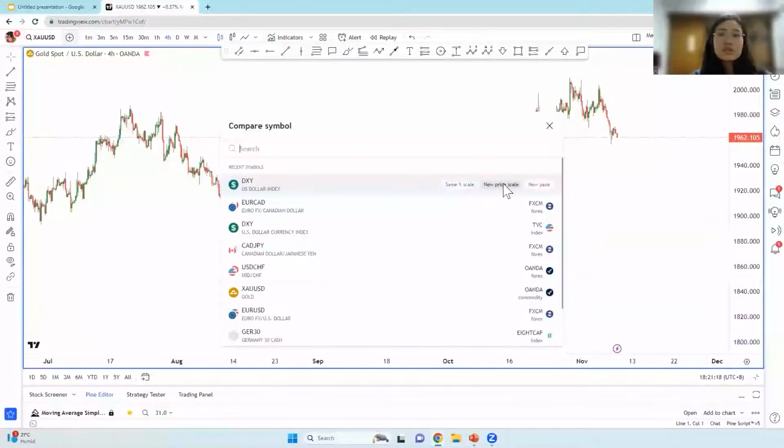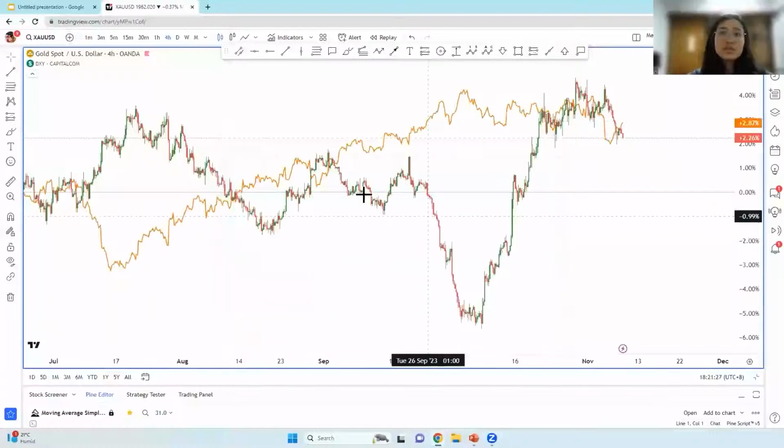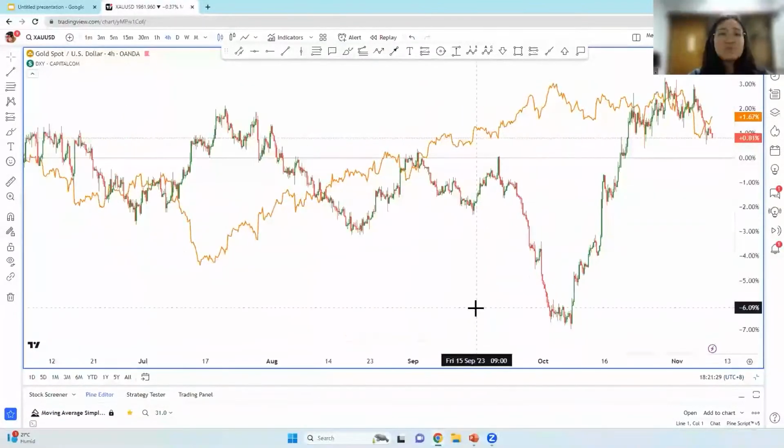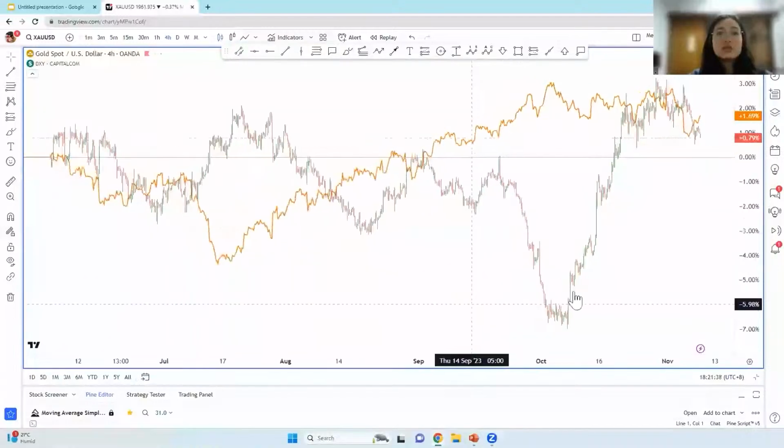Okay, you can of course click on the new price scale, but then you would be comparing on a different scale. So I just like to click on this one. Okay, and you can see, yeah, as I've explained before, the DXY or the US dollar tends to be negatively correlated to gold.